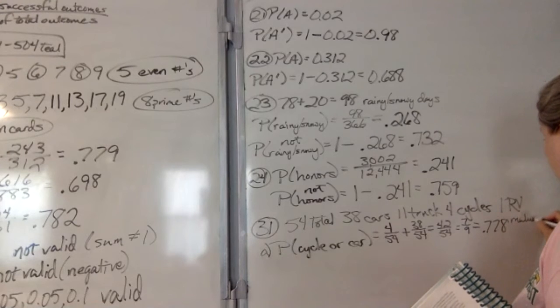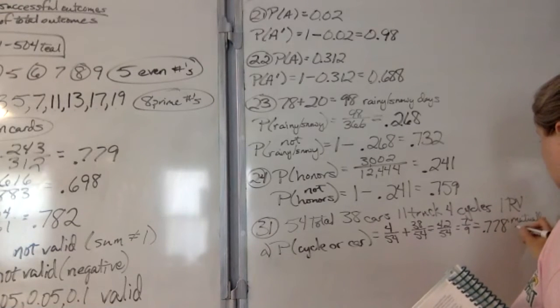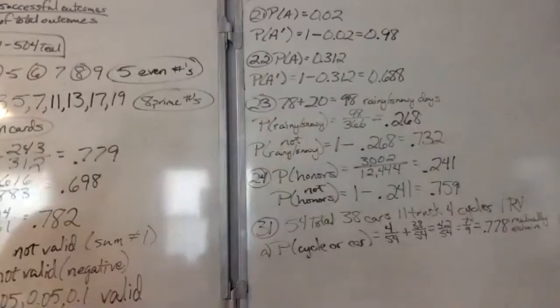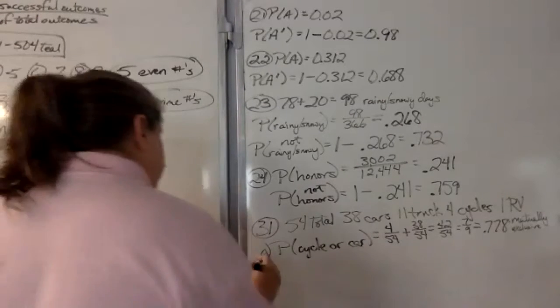And we said they were mutually exclusive, because can it be one and the other at the same time? No. Okay. So that was number 31, part A. So now we still got to do part B.